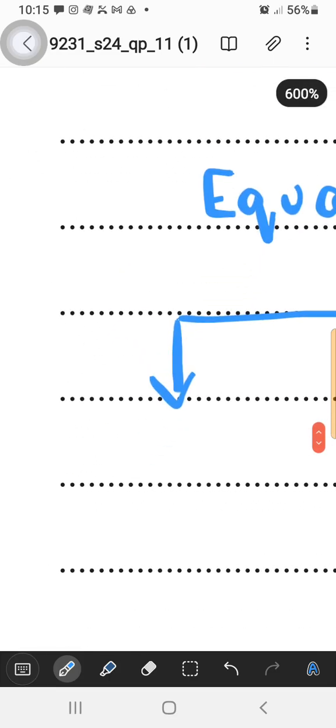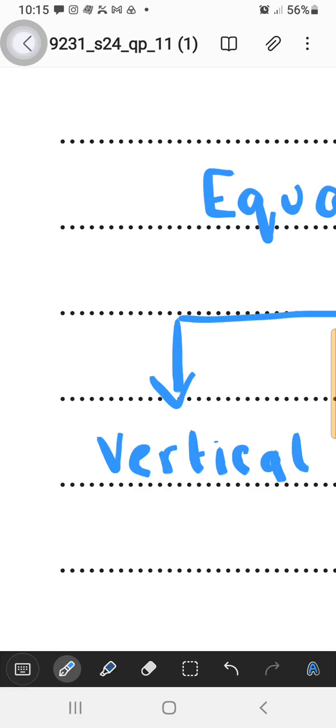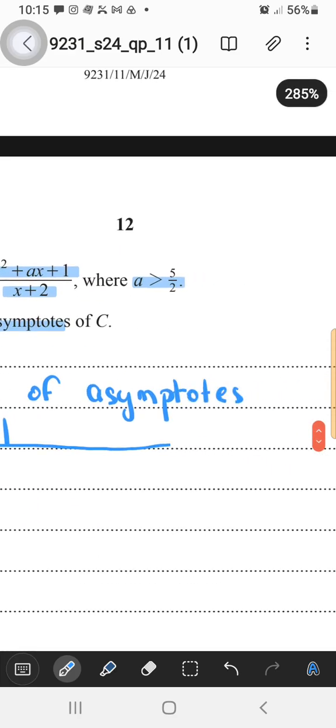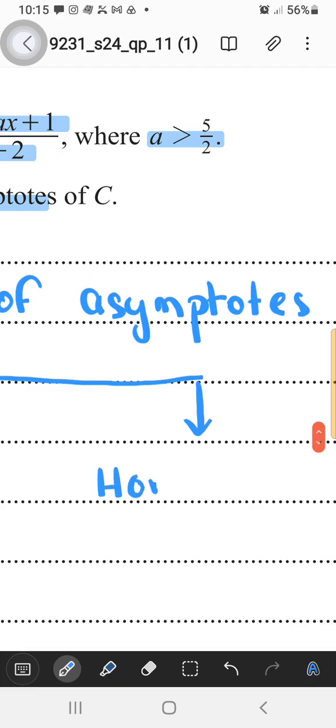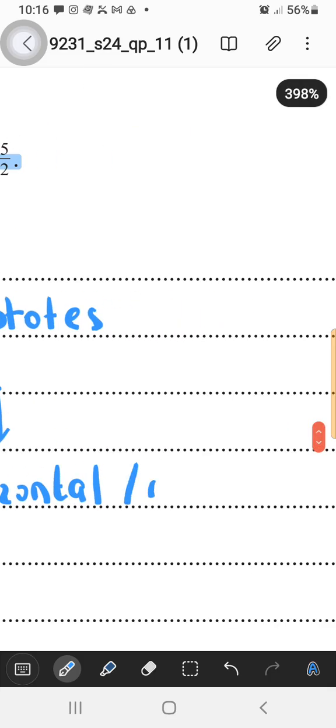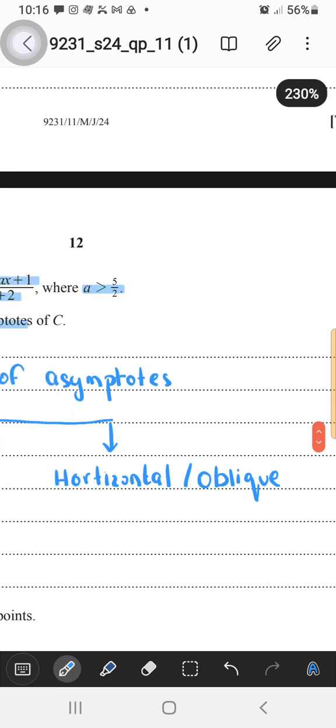There will be one vertical asymptote, and the second one is either a horizontal asymptote or an oblique asymptote. Only one of them: if there is a horizontal asymptote, there will not be an oblique asymptote, and if there is an oblique asymptote, there will not be a horizontal asymptote. Are you getting my point?